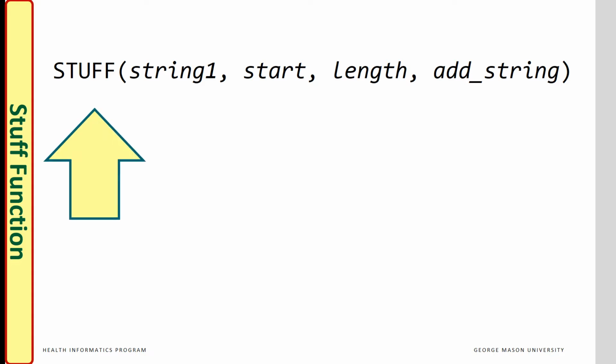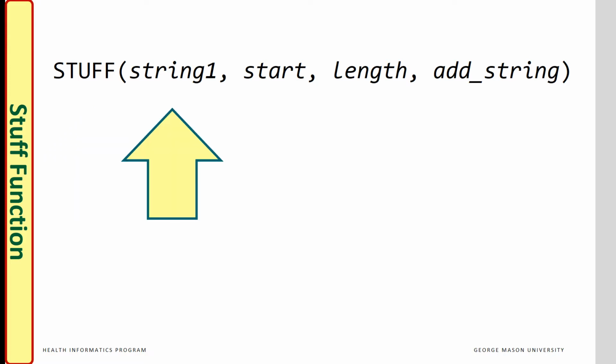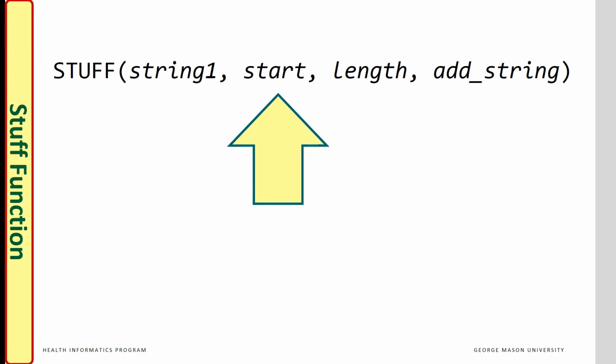The STUFF function starts with the reserved word STUFF, and inside parentheses, it provides the function arguments. The first entry is the field where we want to make the change. This field must be a text field. The second argument is an integer, or an expression that produces an integer.